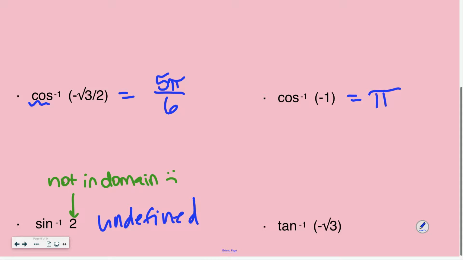What kind of angles have a tangent ratio of radical 3? Pi over 3. Okay? Since we have a negative ratio, though, and it's inverse tangent, we have to rotate to which quadrant? We have to rotate down to the 4th quadrant. So this answer would be negative pi over 3.